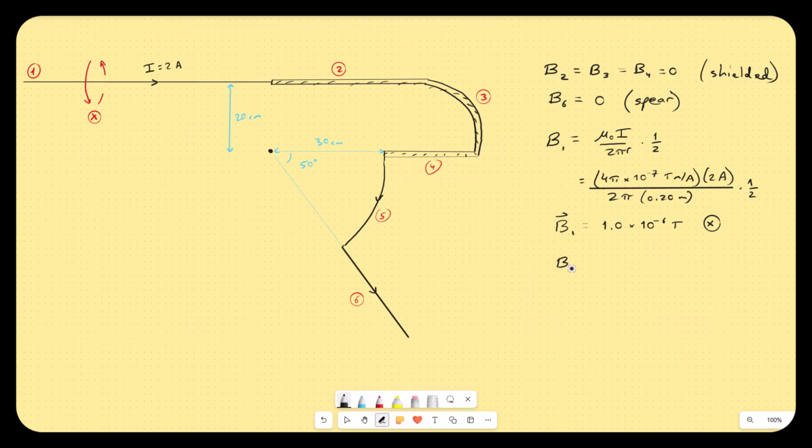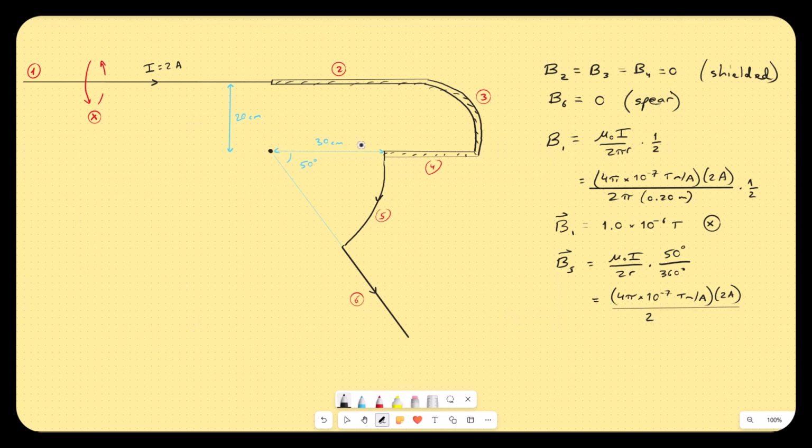Looking at B5, I'm going to get a mu naught I over 2r, that would be if I had the full circle. I don't get the full circle. I'm going to go times 50 over 360. That's the fraction of the circle that I have. So then I'll plug in those values. 4 pi times 10 to the minus 7th Tesla meters per amp. I still have 2 amps. I'm going over 2 times the radius.